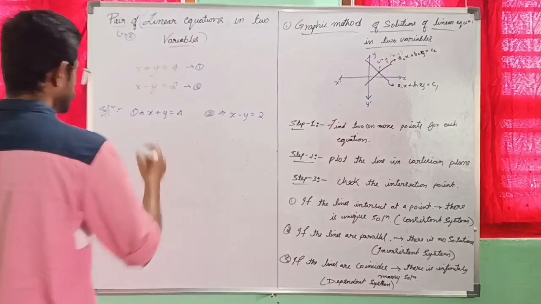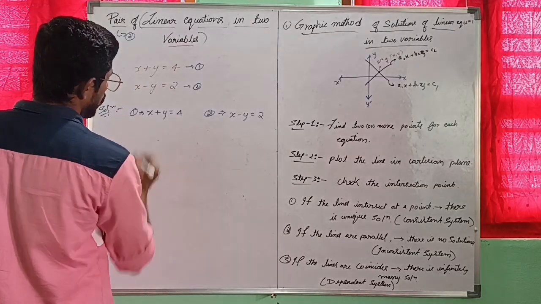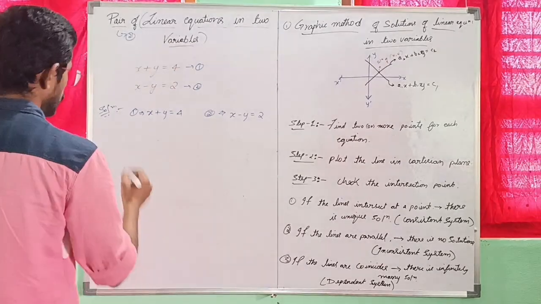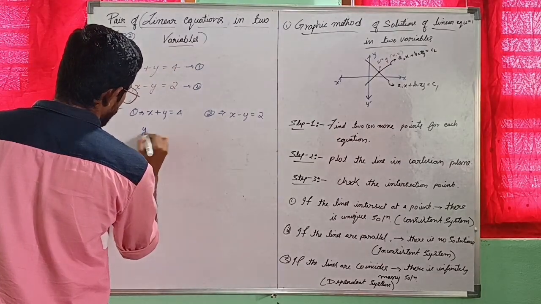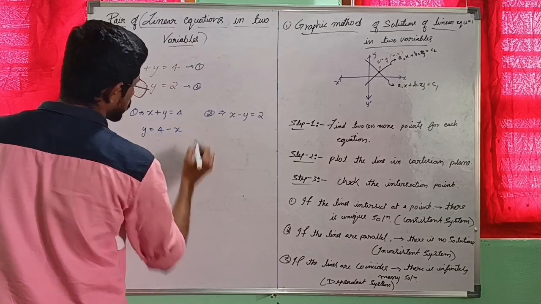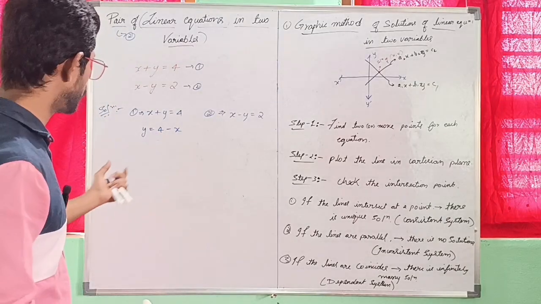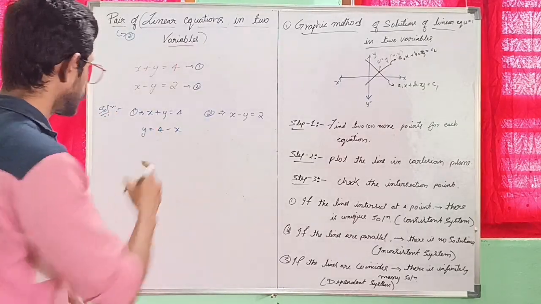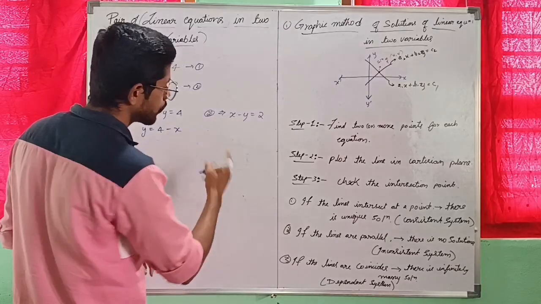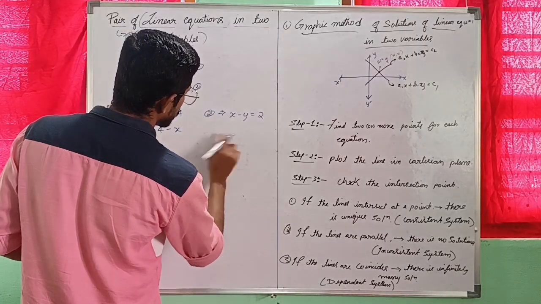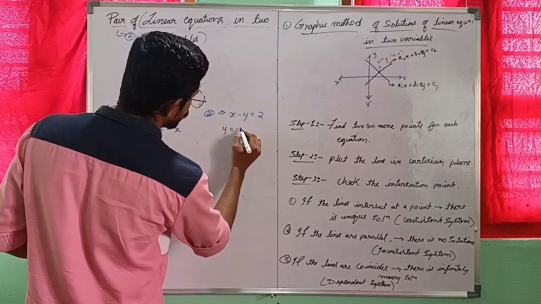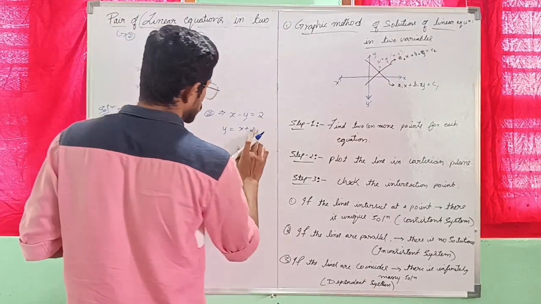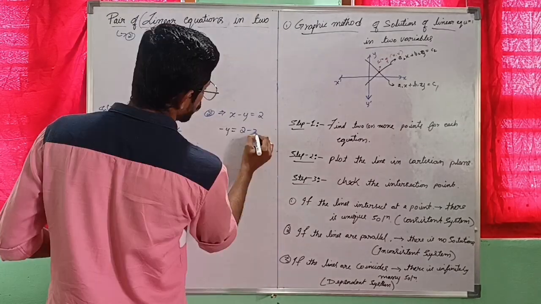Then I will write this equation as y is equal to 4 minus x, to find the value of y. In equation 2, y is equal to, not x plus 2, this is 2 minus x.